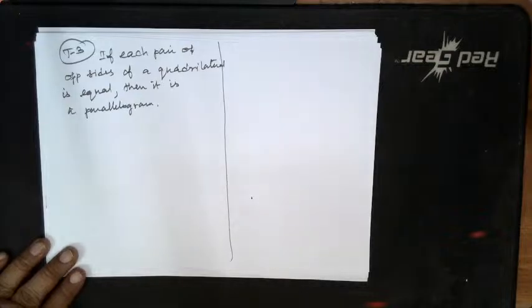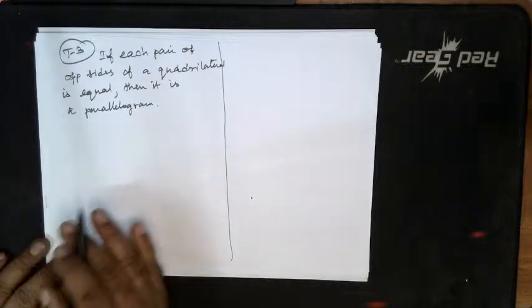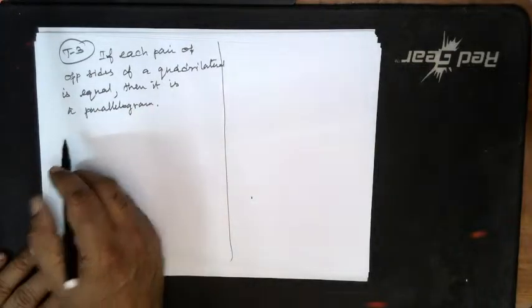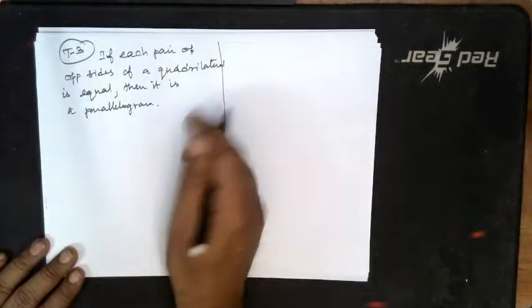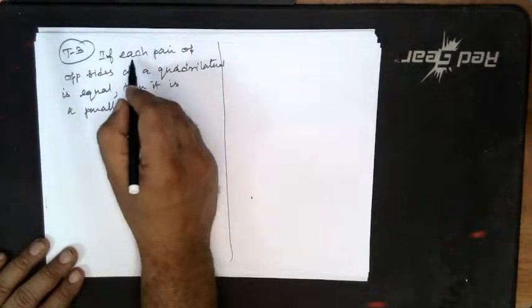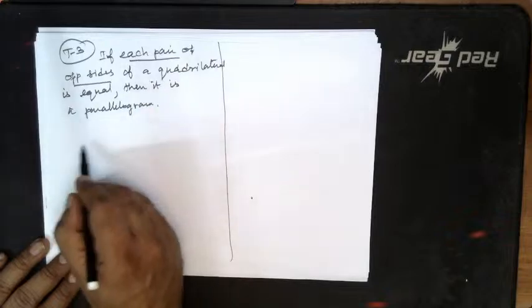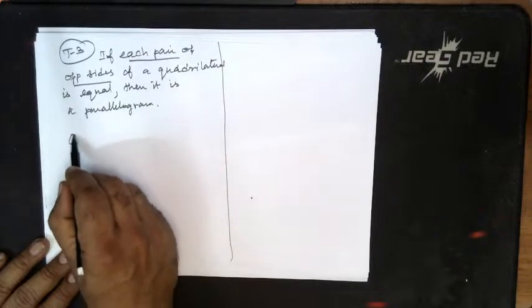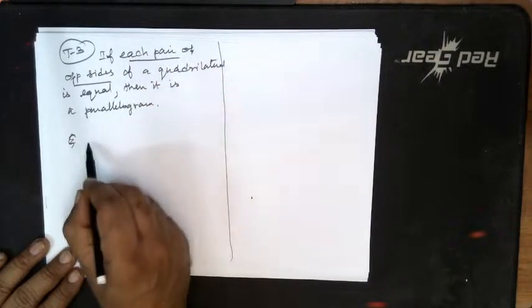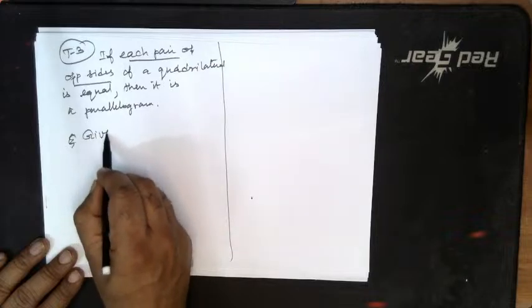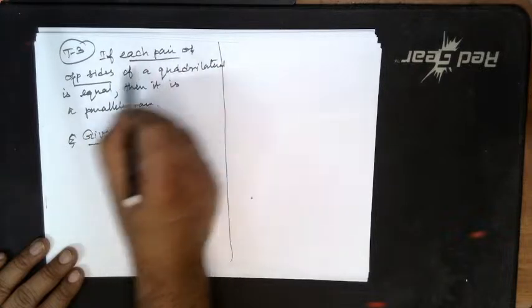Okay, so it is clear that we have already proved that in a parallelogram each pair of opposite sides are equal. So this is the converse, given each pair of opposite sides.